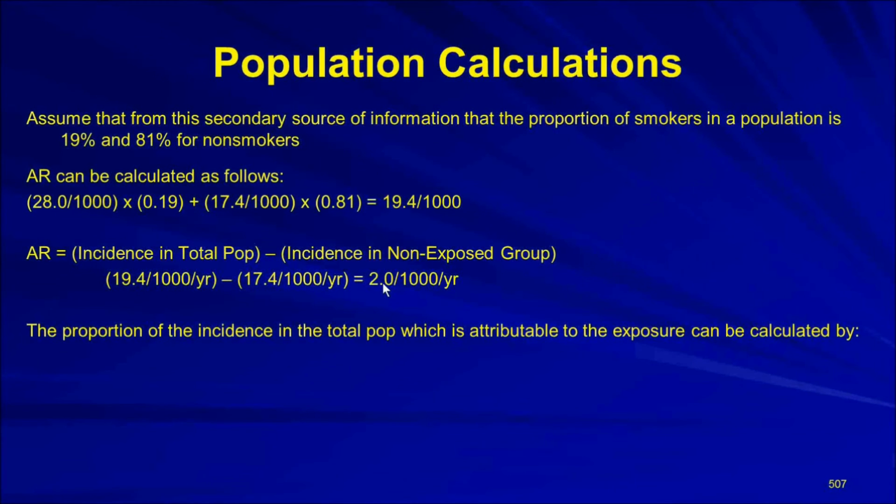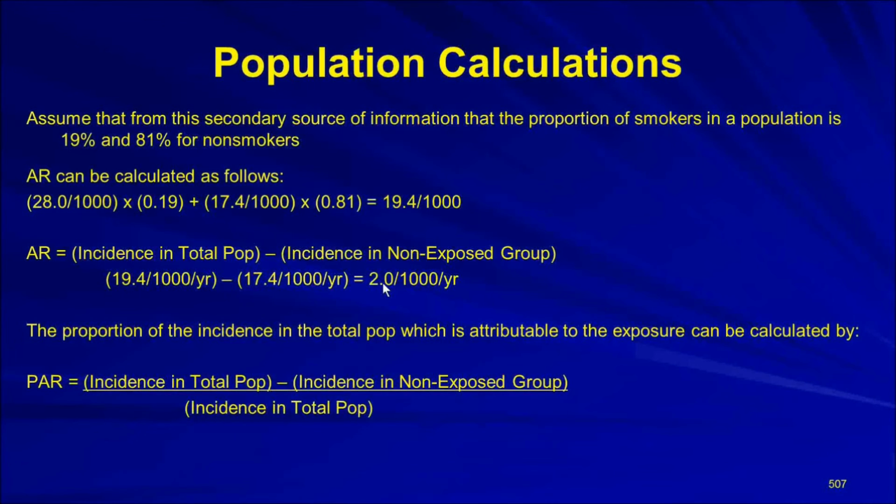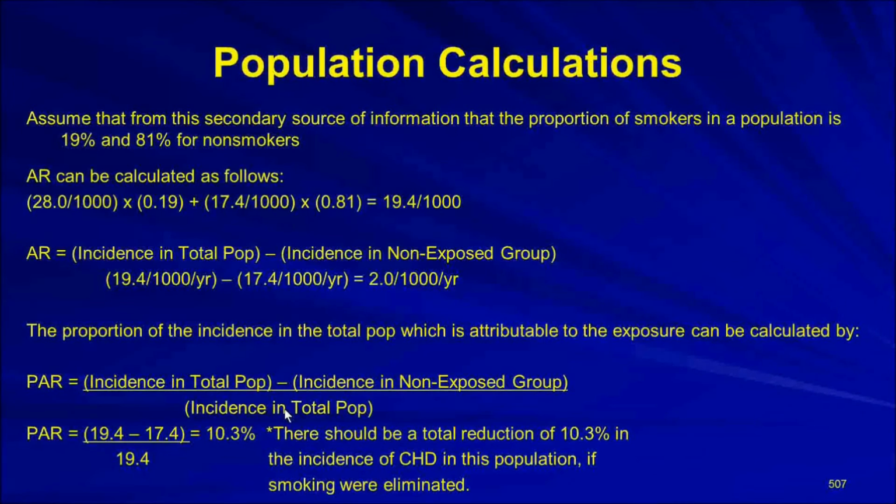Now let's just go on and do the other calculations. It's the same, except we're going to look at the incidence rate in the total population and the incidence rate in the non-exposed group. So we're going to use this value here, this value here, and again this value here. Just check me out and see whether I'm correct. Okay.